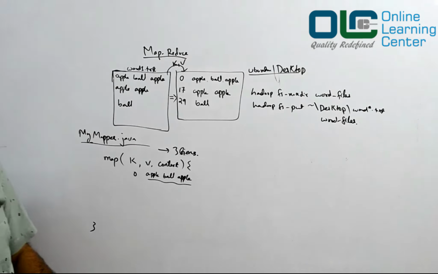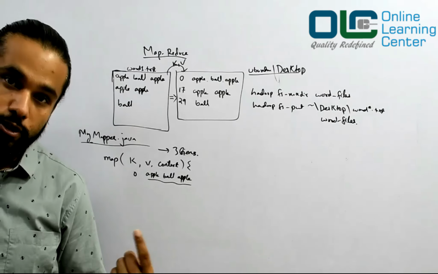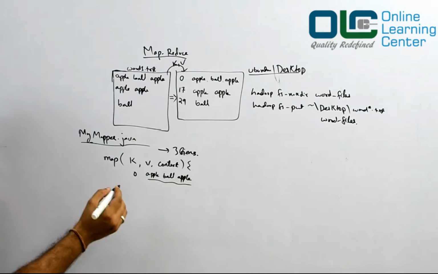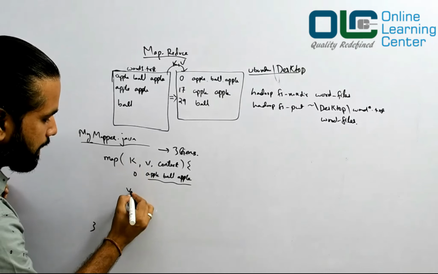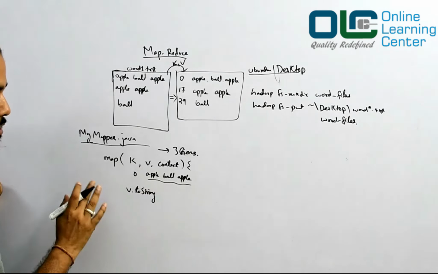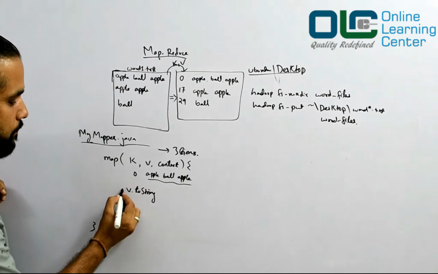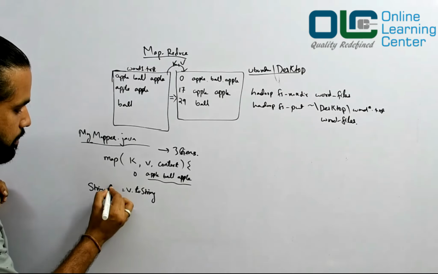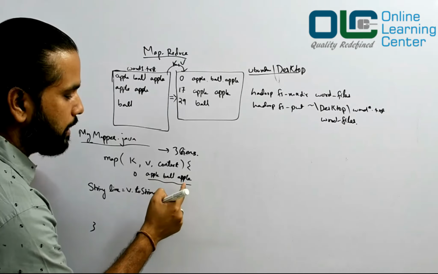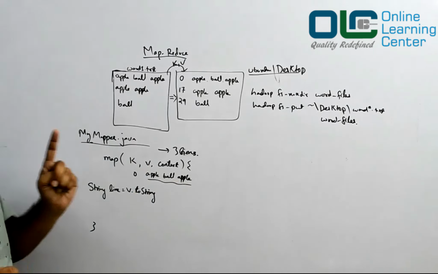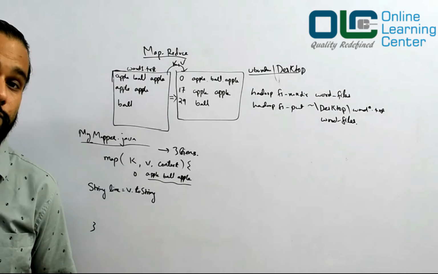Now what you should do is convert that into a string. You will just say, I got this V and I will convert it to a string, so it will be converted to a Java string line. So I got apple, ball, and apple. The next thing is I have to understand how many words are there, which means I have to split them.